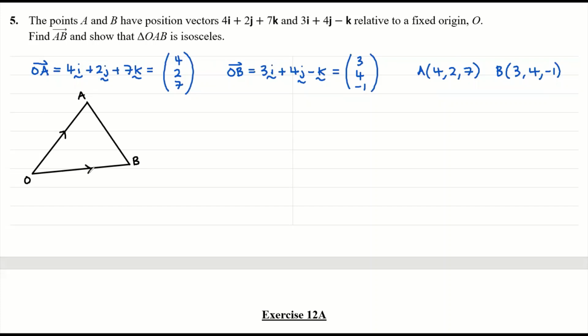Okay, so first port of call, let's find AB. Well, the vector AB, quite straightforward. I start at the point A, I have to go back to the origin, and then I have to add the vector OB, moving in that direction.